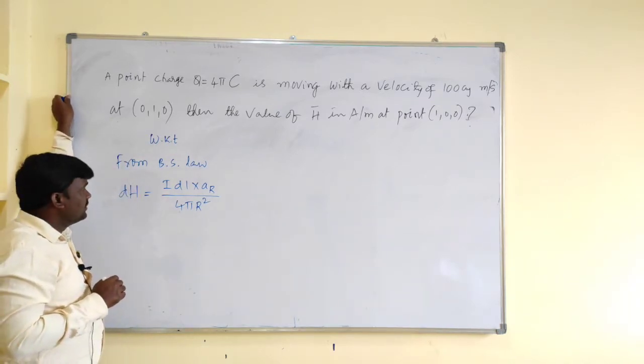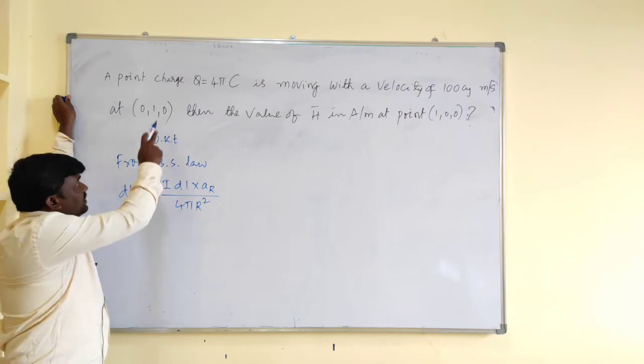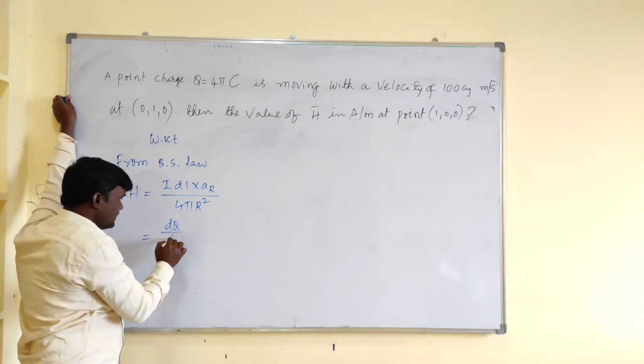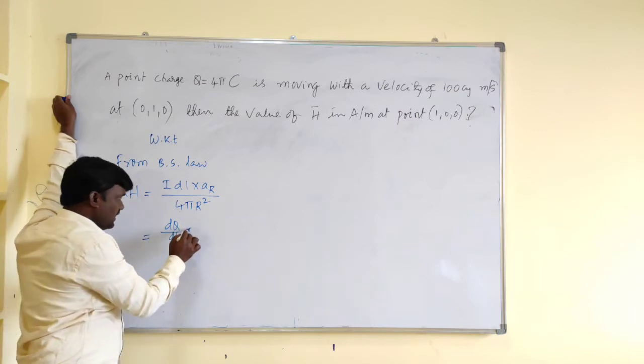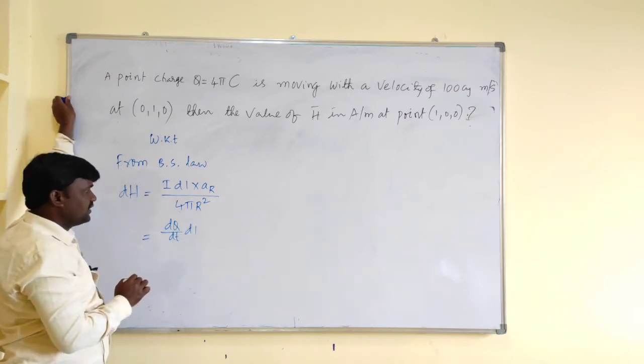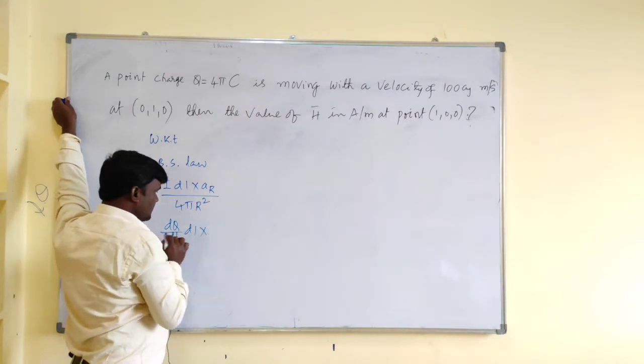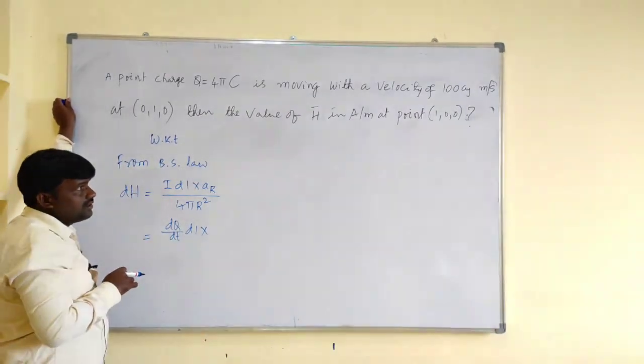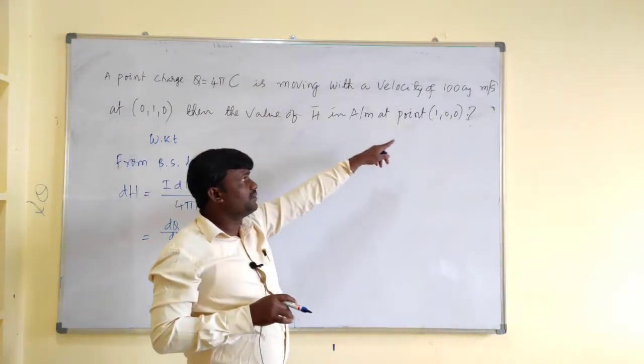Here I is not given, Q is given. We can write I as dQ by dt. dl cross aR, where aR is what? The unit vector along the direction from the starting point to the ending point.